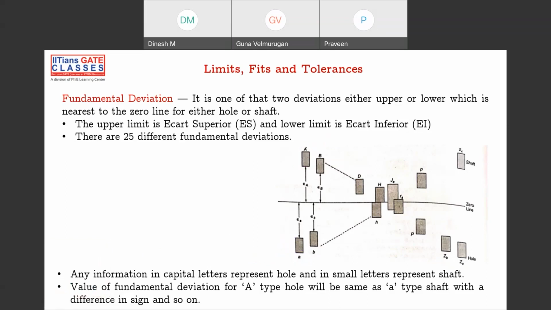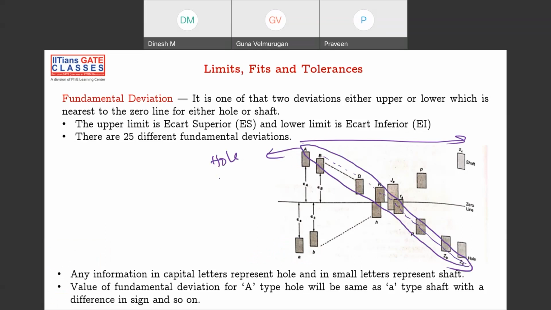And like that, if you go from left to right, your tolerances are coming down, coming down. These are all capital letters, which represent the hole. And these small letters are going up. They are all small letters. This is the shaft.